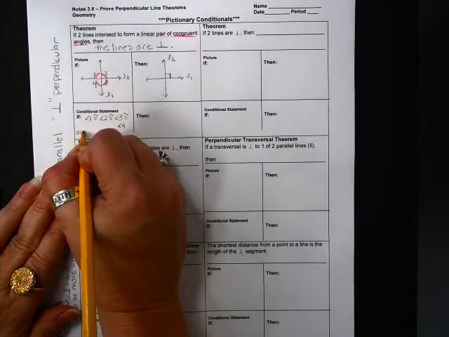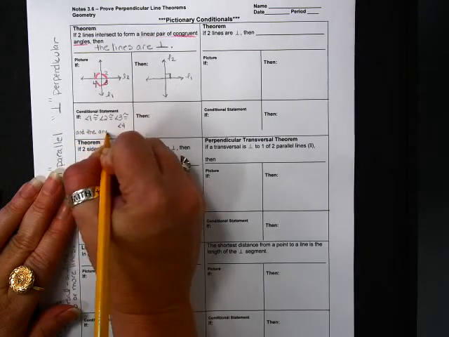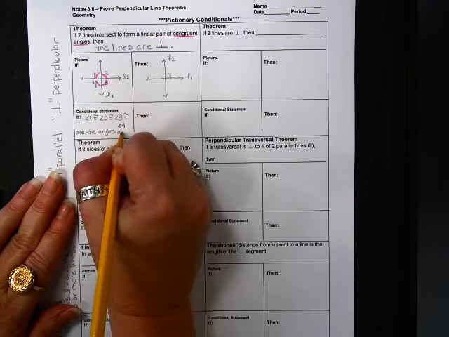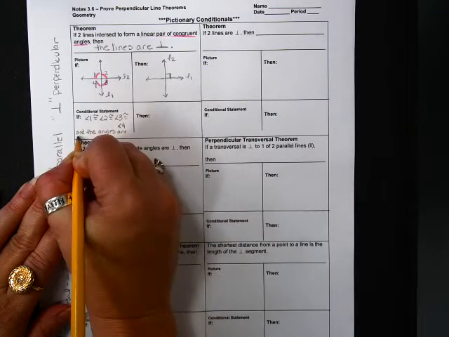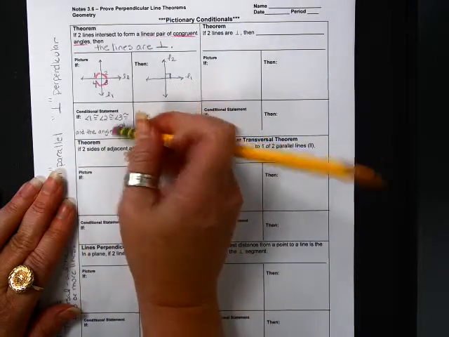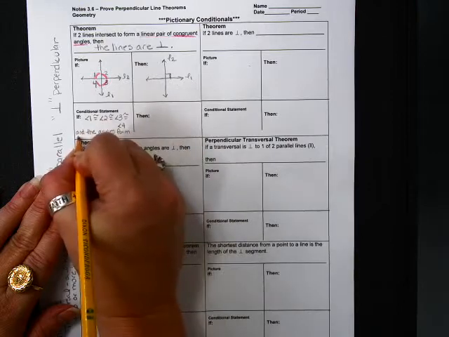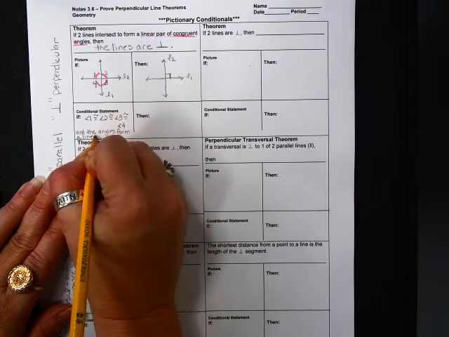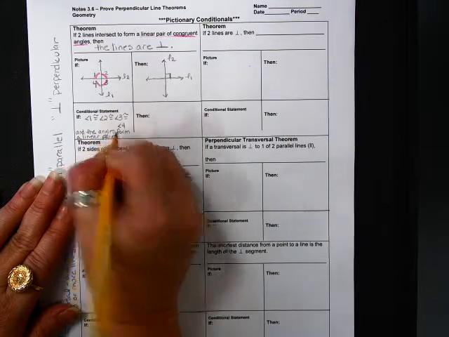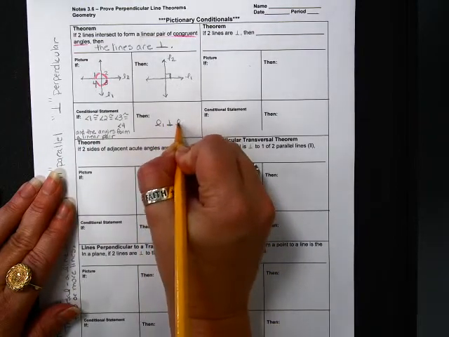And the angles form a linear pair, then line 1 is perpendicular to line 2.